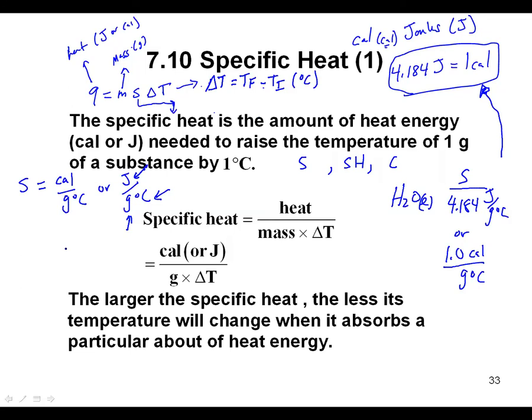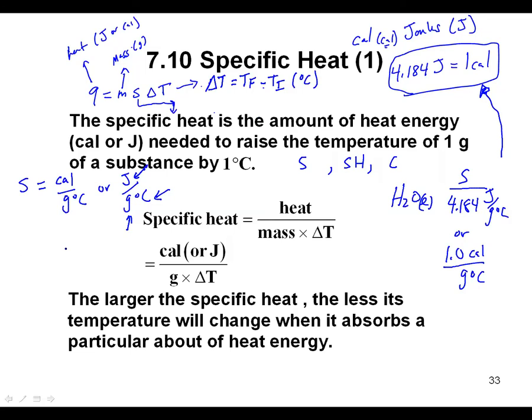The larger the specific heat capacity, the less its temperature will change when it absorbs a particular amount of heat or energy. What that means is if something has a really large specific heat capacity, it takes a lot more energy to change the temperature of that substance than something that has a smaller specific heat capacity.